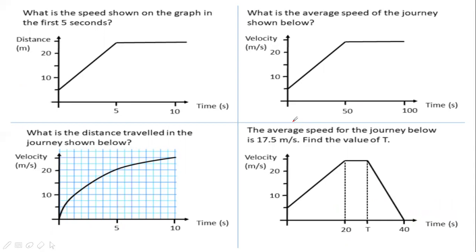What is the speed shown on the graph at the time of 5 seconds? So 5 seconds is this duration of time. This line represents 5, 10, 15, and this represents 20, and this represents 25.